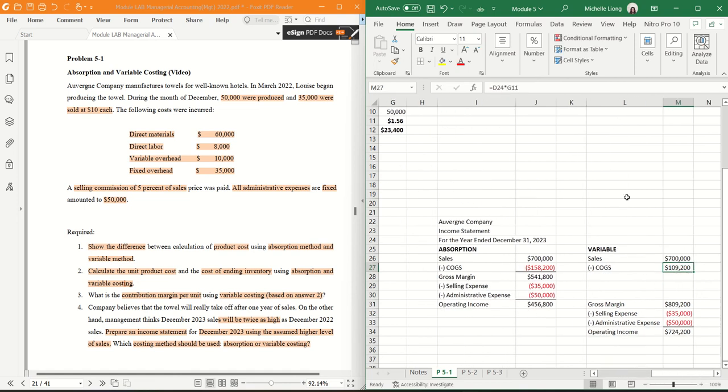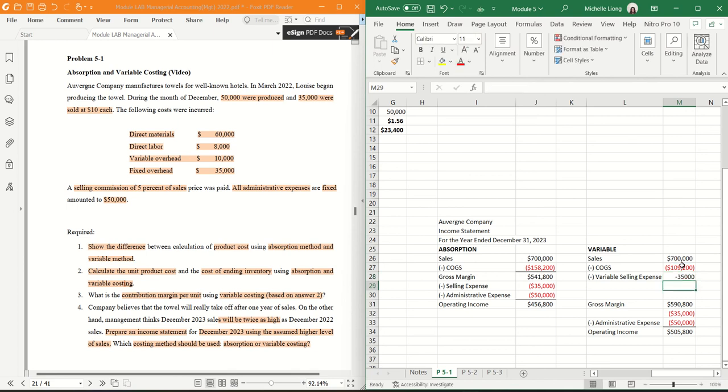Okay. The second one, we have anything that is related to the variable, basically. So we have our variable selling expense. Remember, we have our variable selling expense, which is 5% of selling.